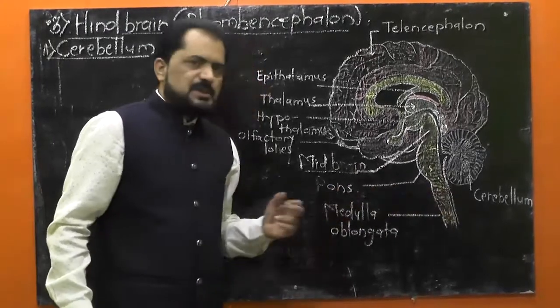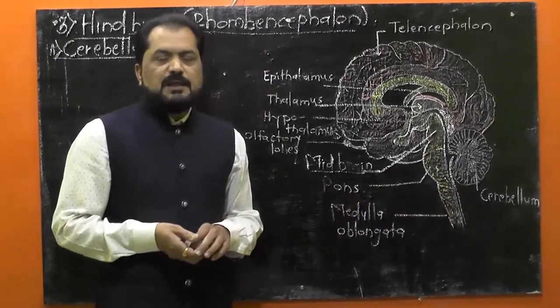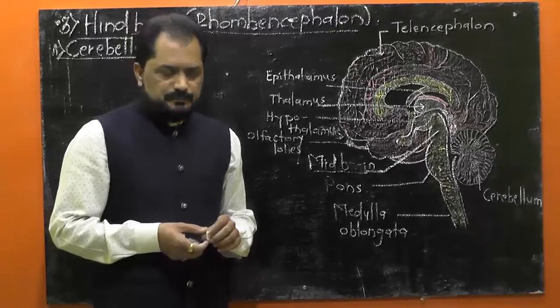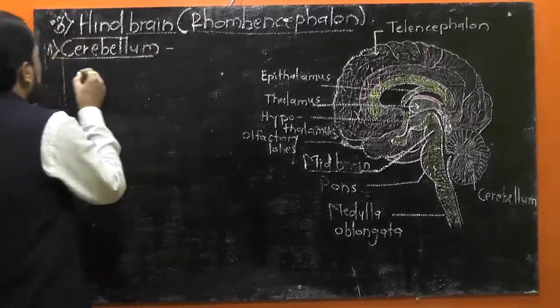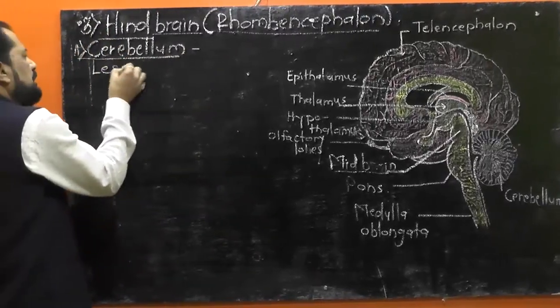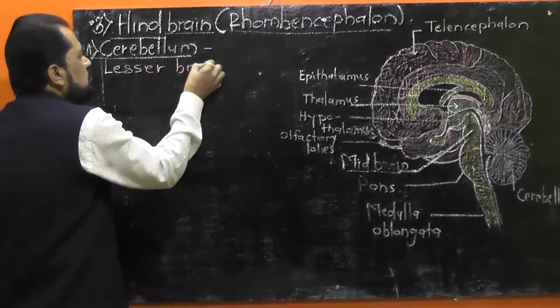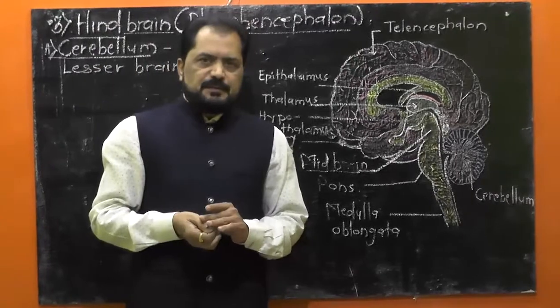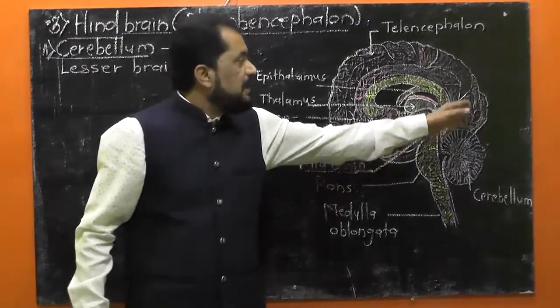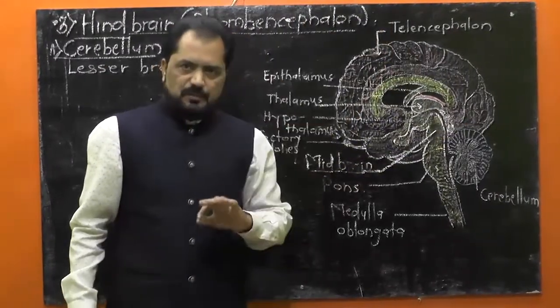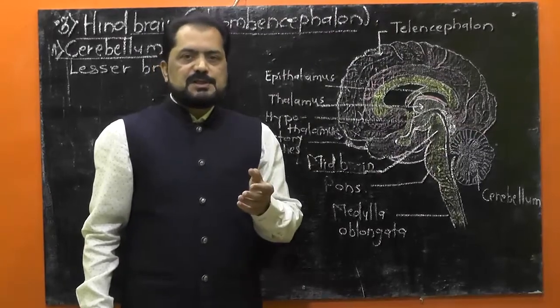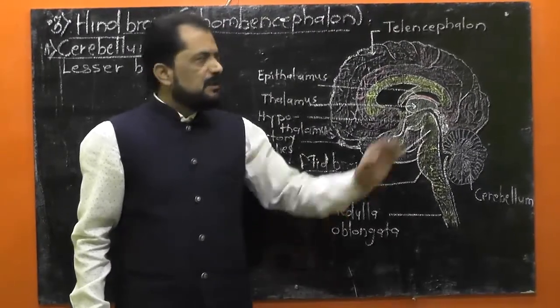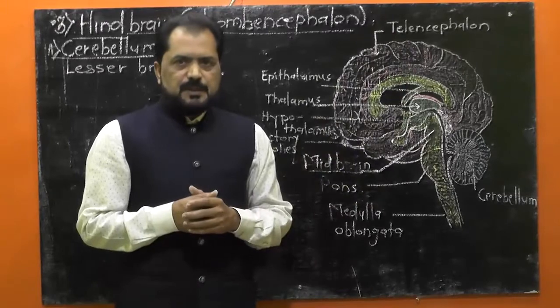Cerebellum आणि pons या दोन भागांना एकत्रितपणे metencephalon असं पण म्हणतात. Cerebellum is also known as lesser brain, छोटा मेंदू. We have already studied in Forebrain about the cerebrum, that is telencephalon. आपण Forebrain शिकत असताना cerebrumचा अभ्यास केला, याला telencephalon असं म्हणतात.